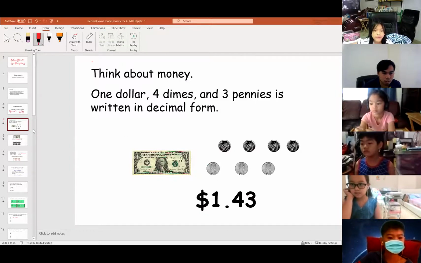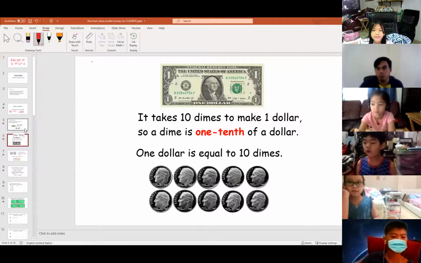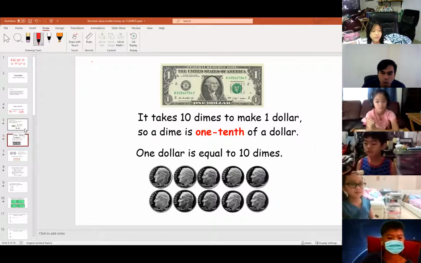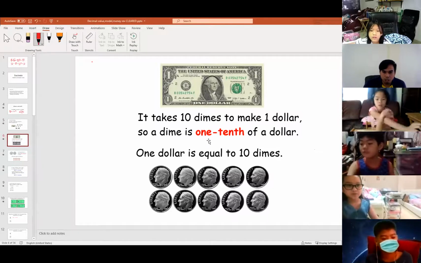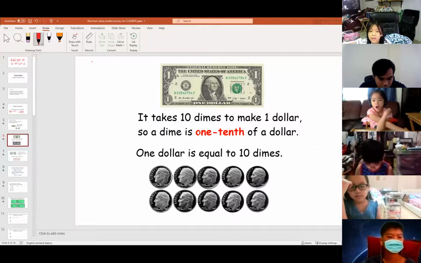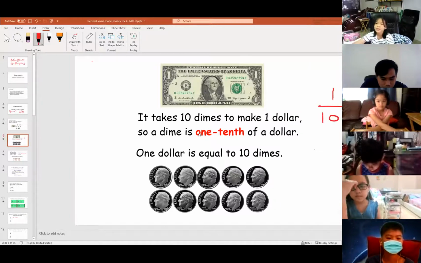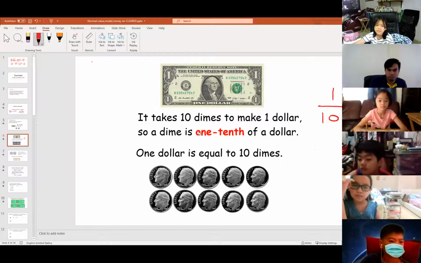Okay. Next question. It takes 10 dimes to make $1. So a dime is 1/10 of a dollar. Why is it called 1/10 of a dollar? Here we're talking about dimes, okay?